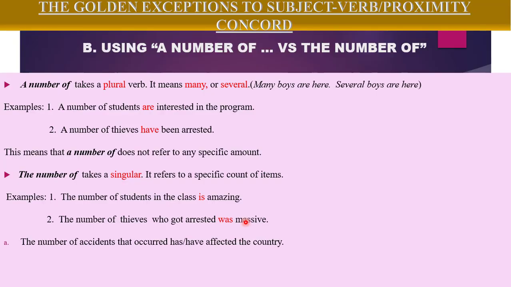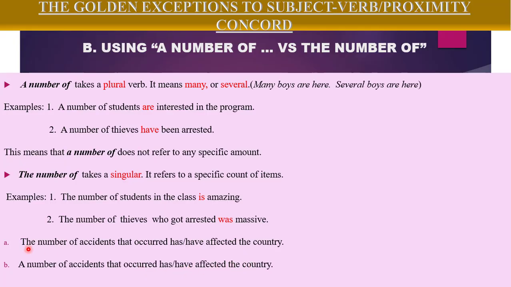Try to answer this. The number of accidents that occurred has or have affected the country. So we used the number of. So what are you going to select? The second one, a number of accidents that occurred has or have affected the country.